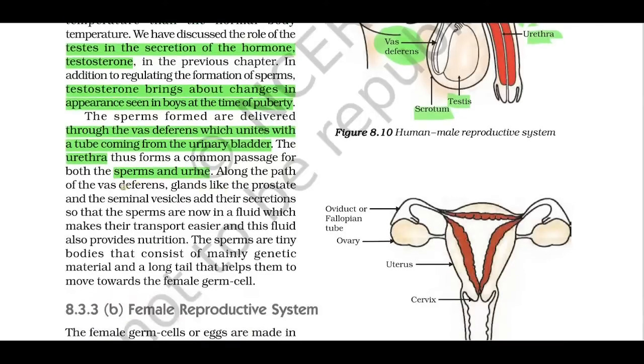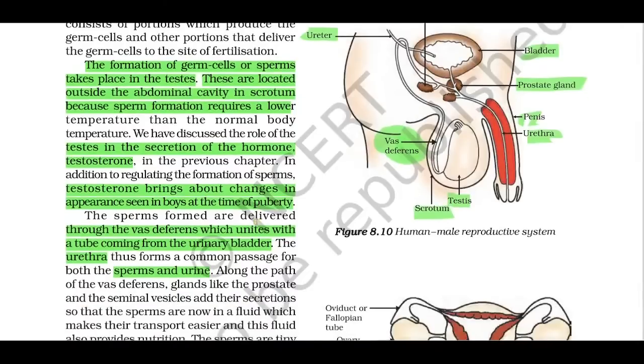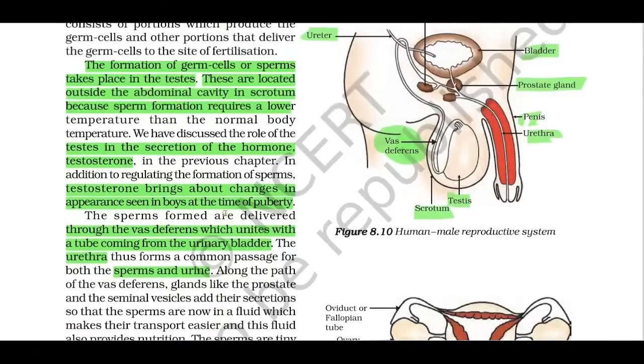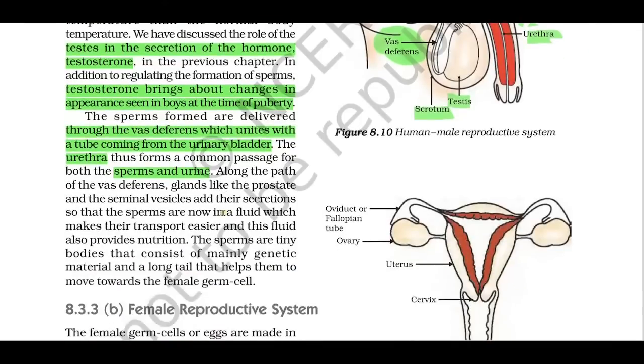Along the path of the vas deferens we have glands like the prostate gland, which add their secretion. Now the sperms are in a fluid which makes their transport easier, and this fluid also provides what? Nutrition. The functions of vas deferens, prostate gland, testis and urethra are very important. Name the common passage for sperms and urine. Urethra.